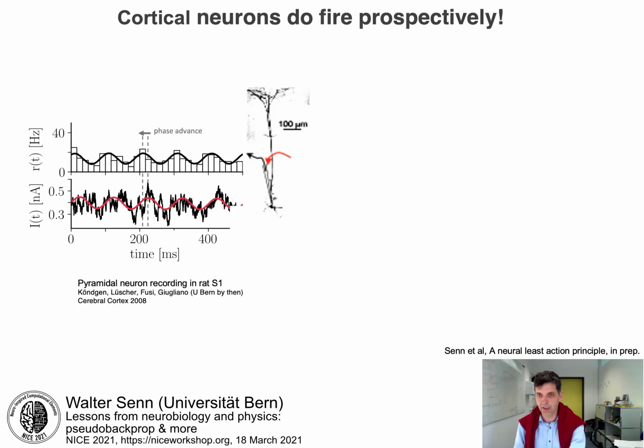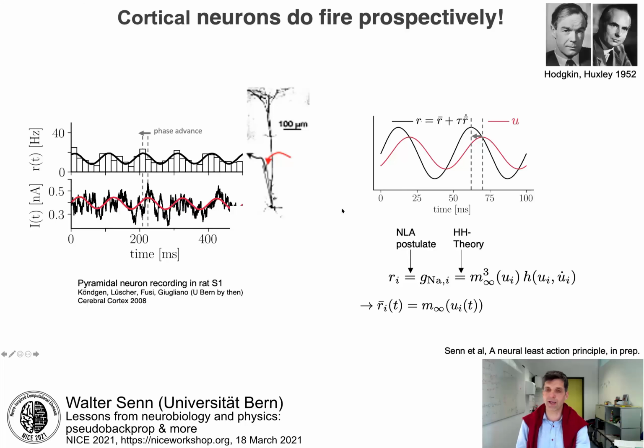This is old work. And we can reproduce those ideas with the classical Hodgkin-Huxley formalism. Those two from Cambridge already offer this formalism with an activation function and an inactivation function to get to those features. If we apply this and identify the instantaneous rate with the sodium conductance, we get such a phase advance as well.